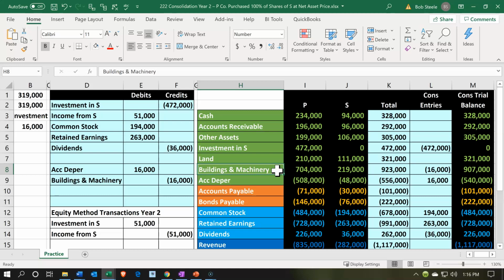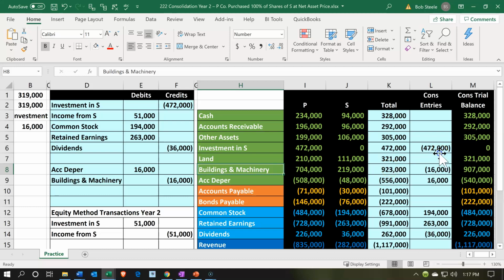So the 16,000 represents the accumulated depreciation at the point in time that we had the consolidation, which was 2 years ago. So that's why the problem had to give it to us here. We're basically removing the accumulated depreciation at the point in time of consolidation, recording the building and equipment at book value as of that point in time, and then recording the depreciation from that point forward for the consolidation process. And that's going to be it.